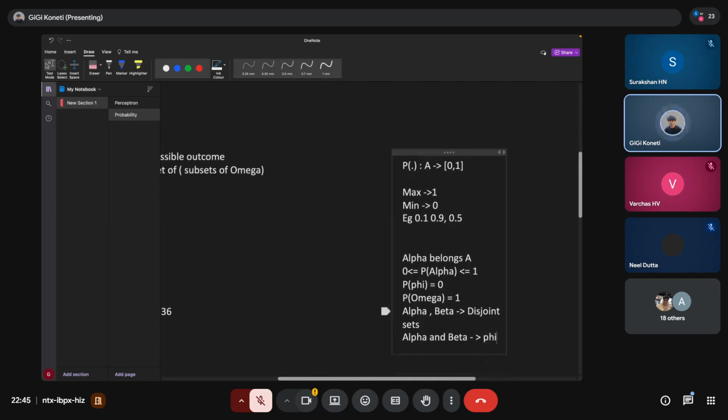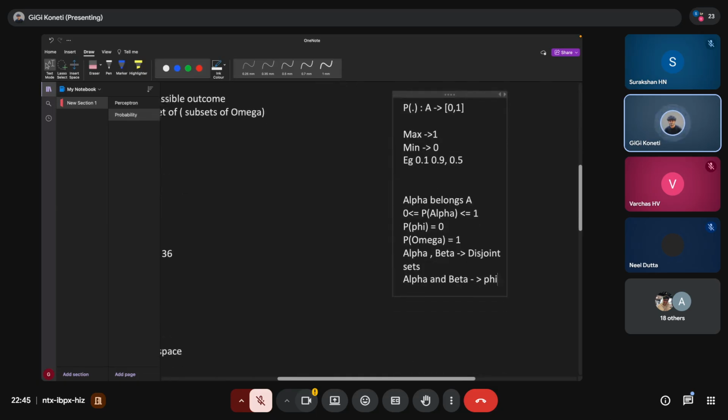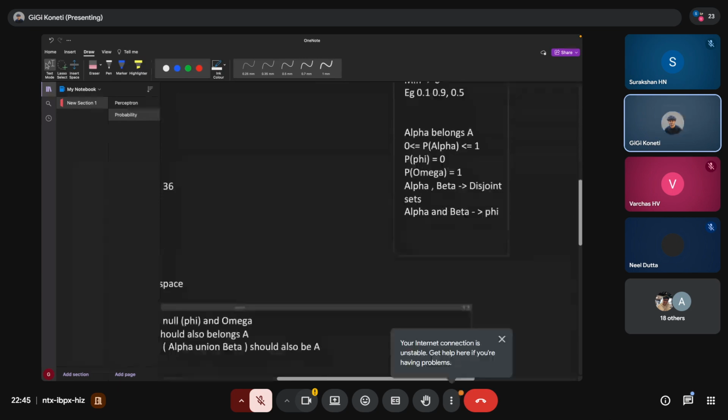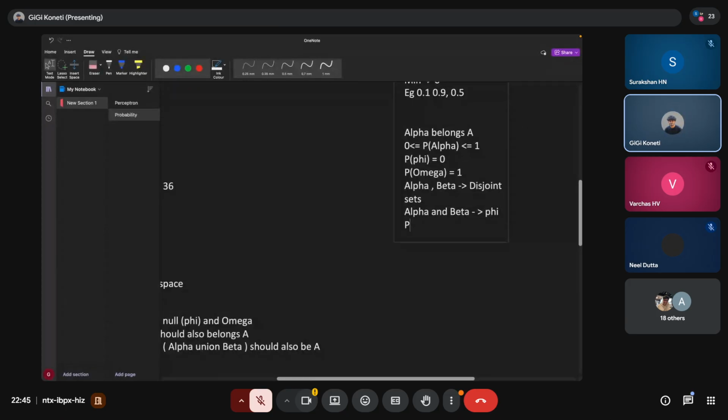So both are disjoint sets. So in that case, P of alpha union beta will be P of alpha plus P of beta. So it should be clear up to now, right?